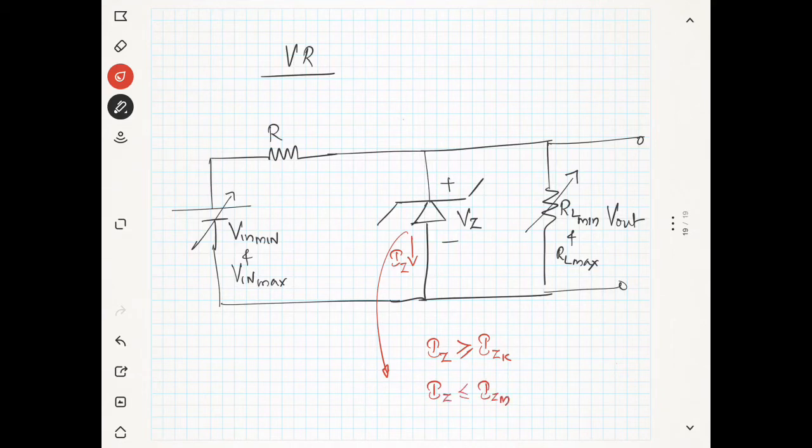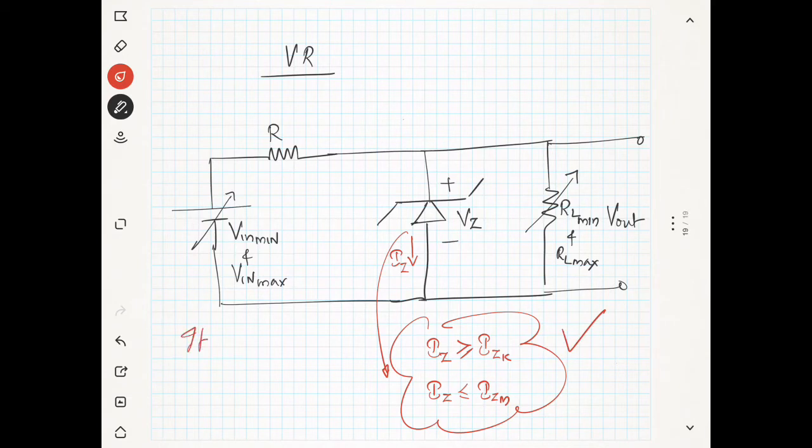If the current becomes less than IZK, what will happen? The Zener diode will turn off and it will not work at all, and it will not work as a good voltage regulator. Now if IZ is less than IZM, then it will work fine. So these are all the operating conditions.